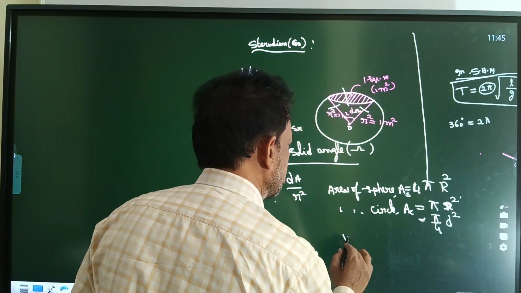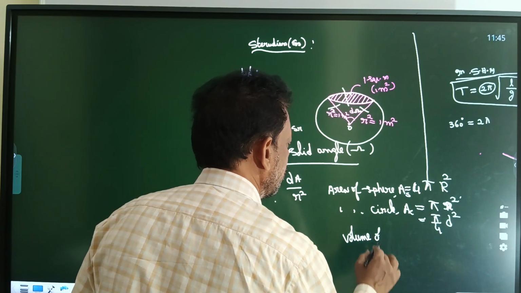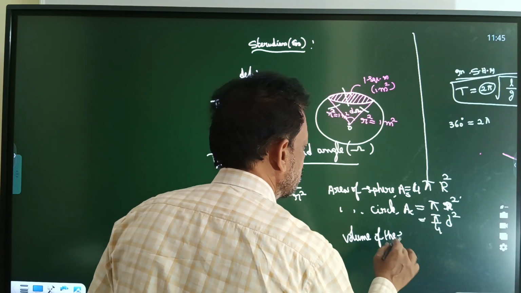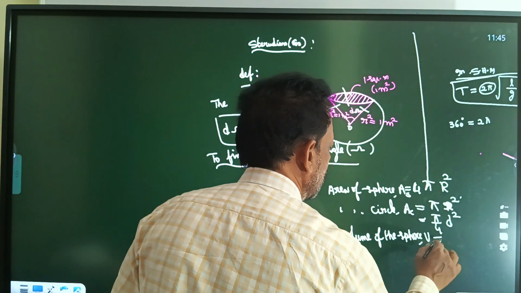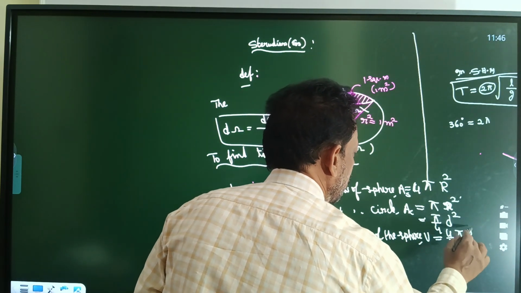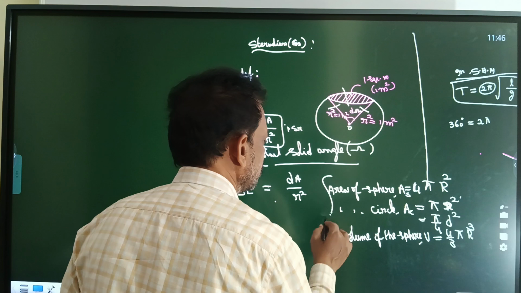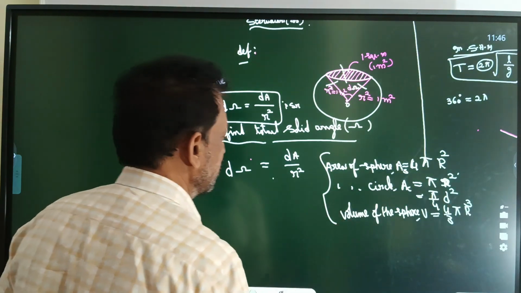So what is the volume of this sphere? Volume of the sphere, V is equal to 4 by 3 pi R cube. Now coming to this one. Area of this sphere is how much?